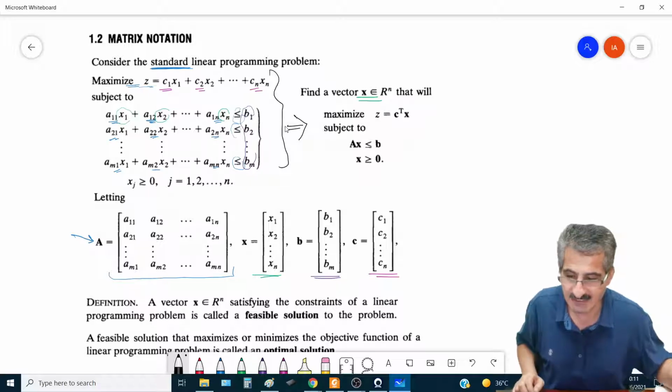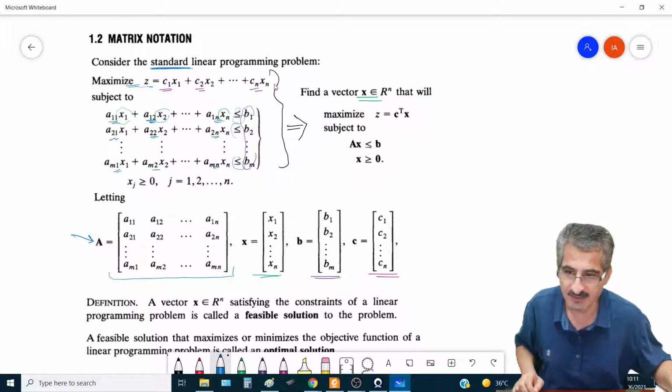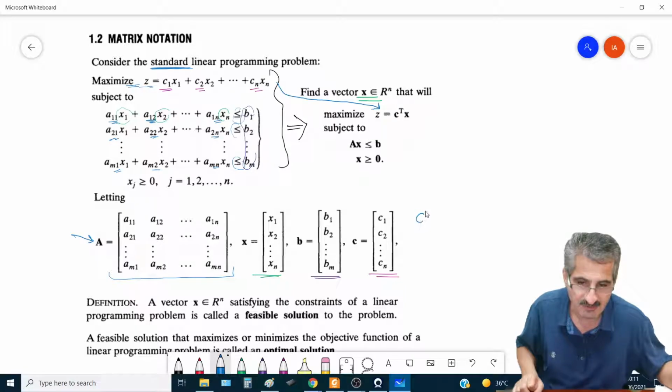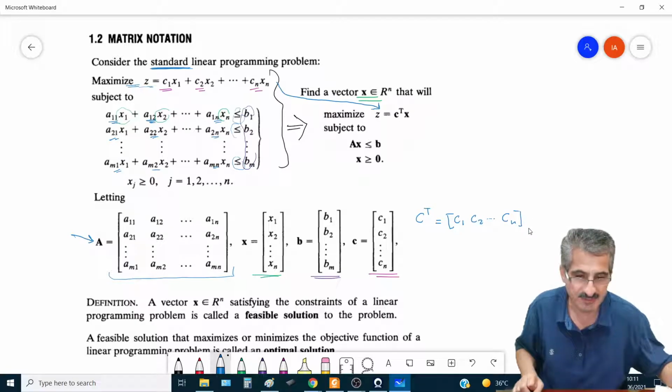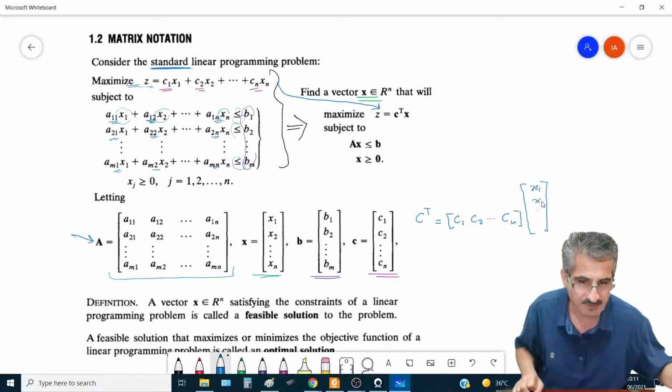So z, this z here, will become C transpose times X. You notice C transpose is C1, C2, all the way to Cn. Now when we say times X, this is a matrix multiplication, with X1, X2, Xn.